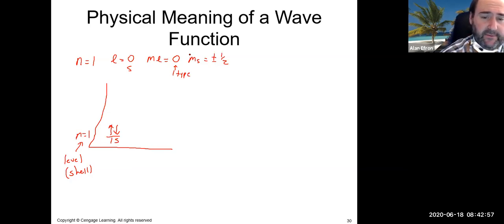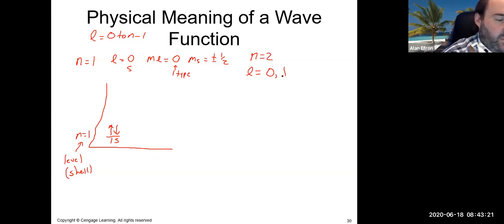So let's see what happens when we go to the second energy level, n equals 2. When n equals 2, L could have a value of 0 to n minus 1. In this case, n minus 1 is 2 minus 1, which would be 1. That means on the second energy level, we have a value of 0 and a value of 1.